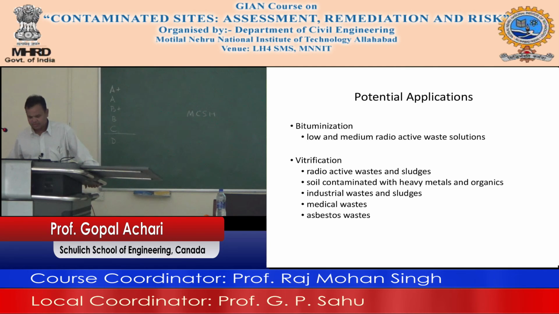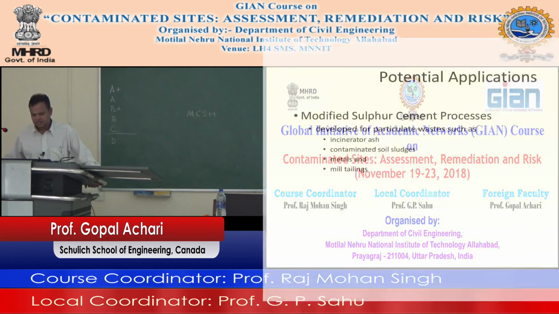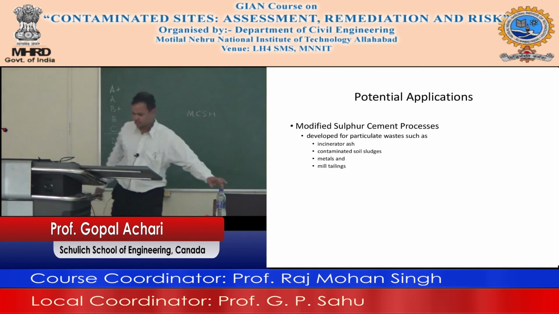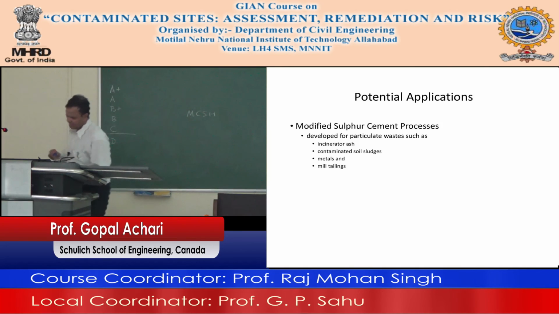Modified sulfur cement processes were developed for particulate waste such as incinerator waste, contaminated soil sludges, metals, mill tailings, and so on. Polyethylene extrusion: nitrate, salt, sludges, ion exchange resin, incinerator ash.